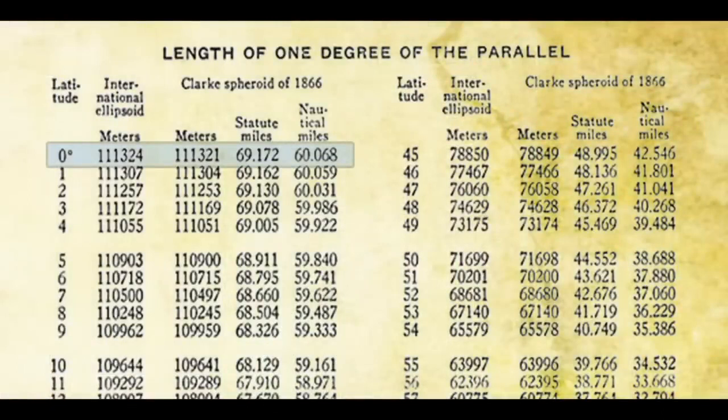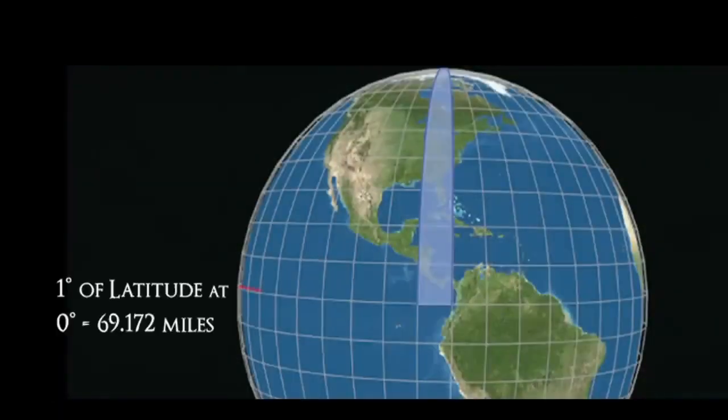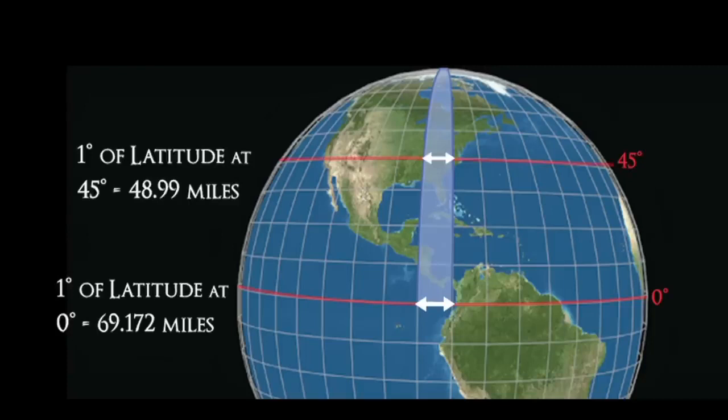And then we have the length of 1 degree of the parallel. That says 69.172 miles. So think of a circle going around the Earth's equator. You've traveled 1 degree, 1/360 of that distance around. You've gone 69.172 miles. Let's go halfway up from the equator to the North Pole, which would be 45 degrees, and you see right there, you've gone 49 miles.